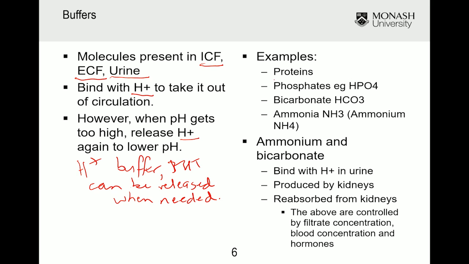Some examples: proteins, which are a very important buffer. Phosphates, these are mostly found in the cell. And bicarbonate and ammonia. Ammonium and ammonia are the same except for a hydrogen ion. They bind with hydrogen in the urine.